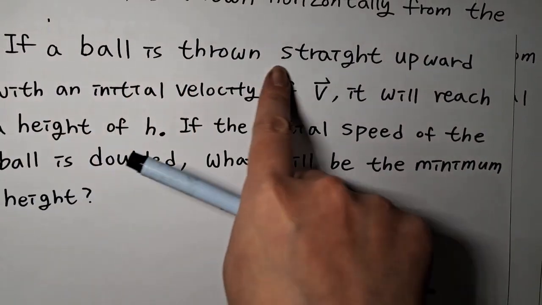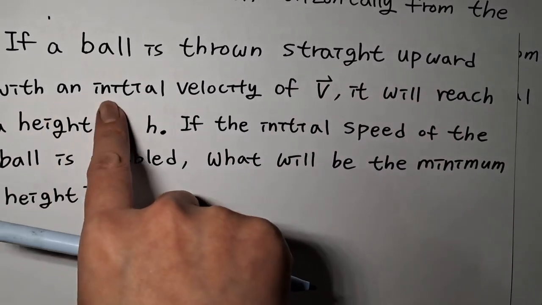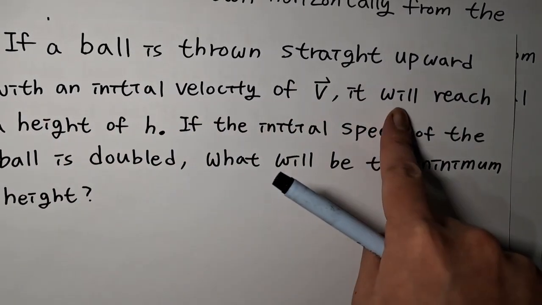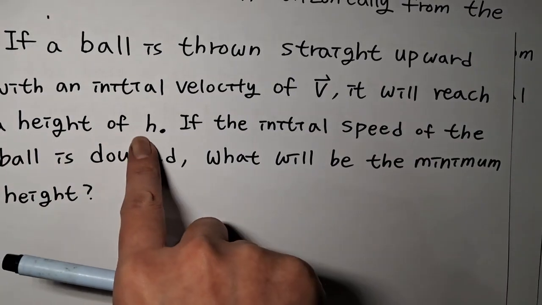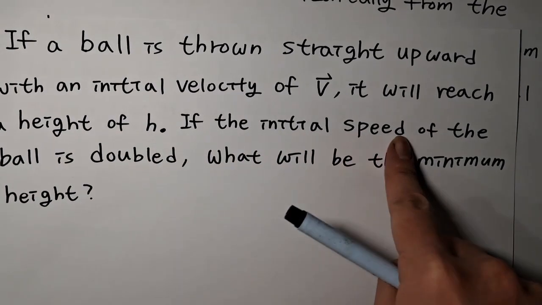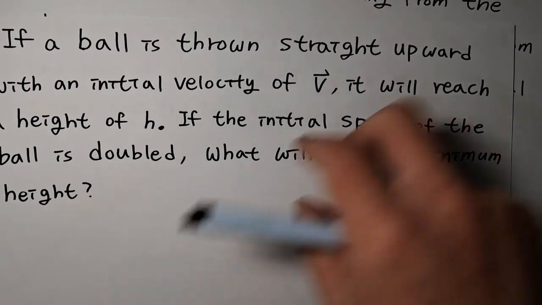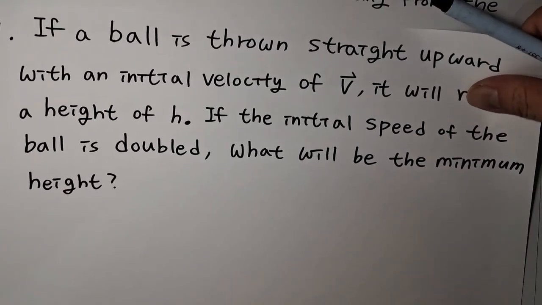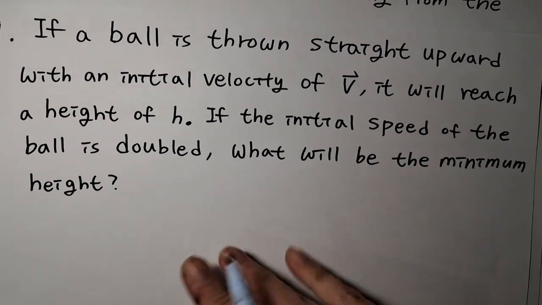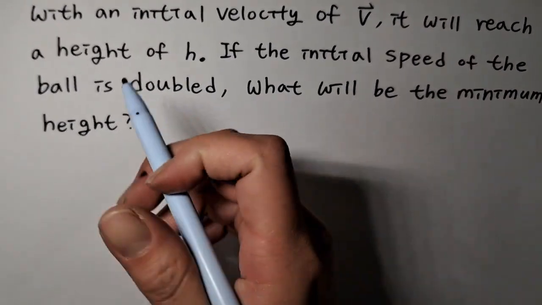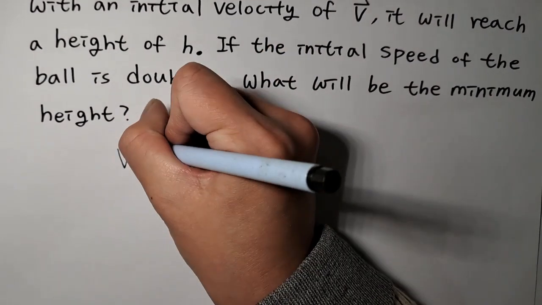If a ball is thrown straight upward with an initial velocity, it will reach a height of h. If the initial speed of the ball is doubled, what will be the maximum height? So we are going to choose one of these equations.